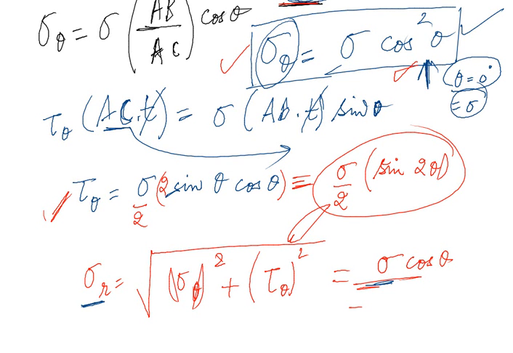If you look at this value, if your theta becomes 45 degrees, then the shear stress along the plane becomes maximum, and it becomes equal to half of the applied stress.